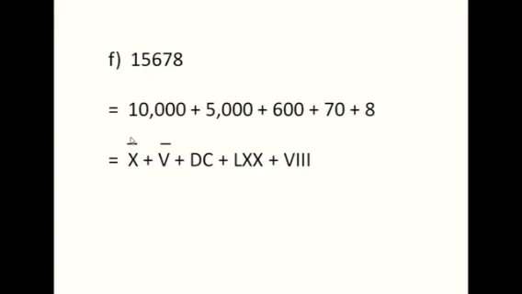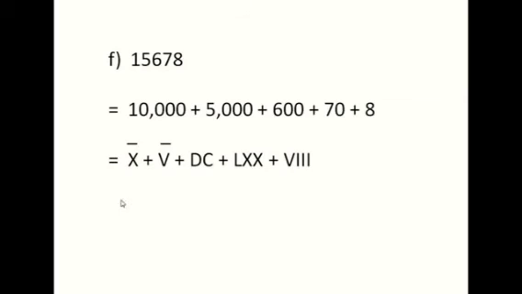So X bar will represent 10,000, V bar will represent 5,000, 600 means 500 plus 100, D is for 500, C represents 100, so 500 plus 100 gives you 600, 70, 50 plus 10 plus 10, so L, X, X, and 8 means VIII.